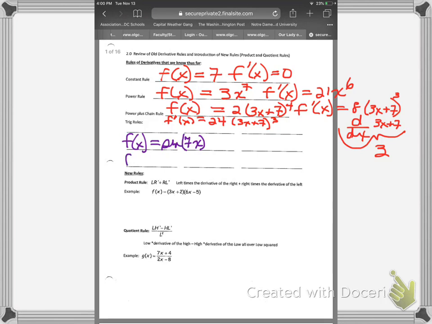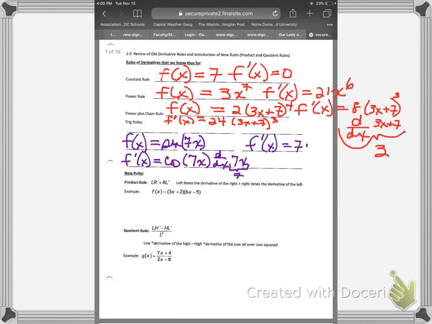So I would have to then say f prime of x equals the derivative of sine x, which is cosine x. So it would be cosine, but the x is not just a plain old x, it's a 7x. And for that reason, I'm going to have to take the derivative of the 7x. This derivative right here is going to be 7.